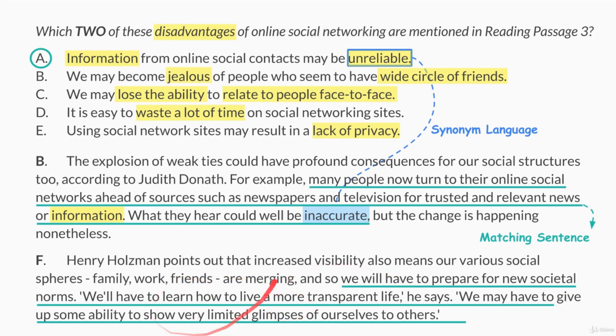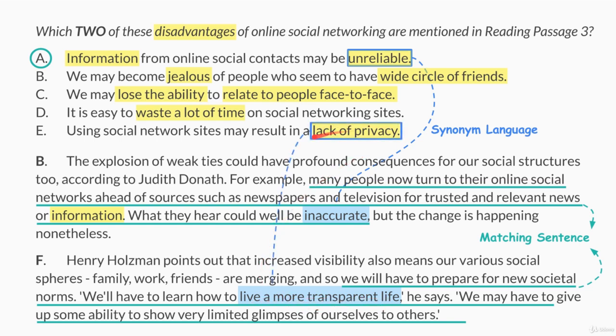So here it talks about a disadvantage, and now that I have located this area, now I'm going to start looking for the keywords from my answer choices. Basically, I want to see what answer choice is going to be the best fit. So over here, it talks about how we have to now live a more transparent life.